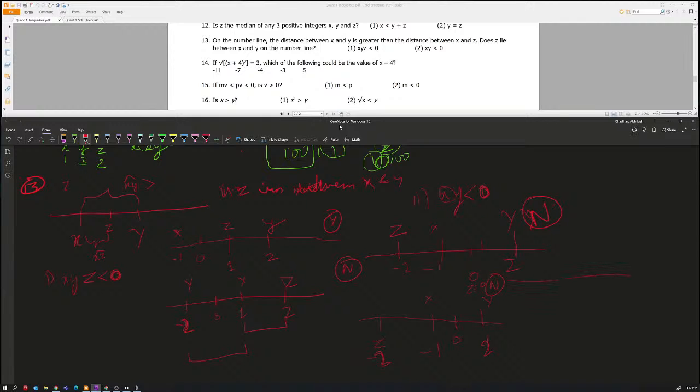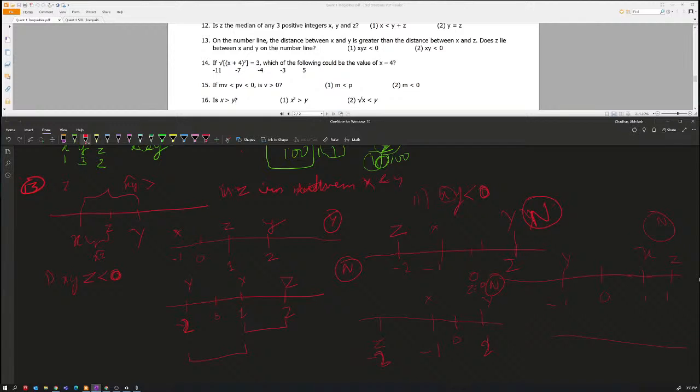So the condition that we are left with is when y is negative, so y is -1, 0, x is 1, and z is 1. So this condition satisfies both of them. We get a no answer here.